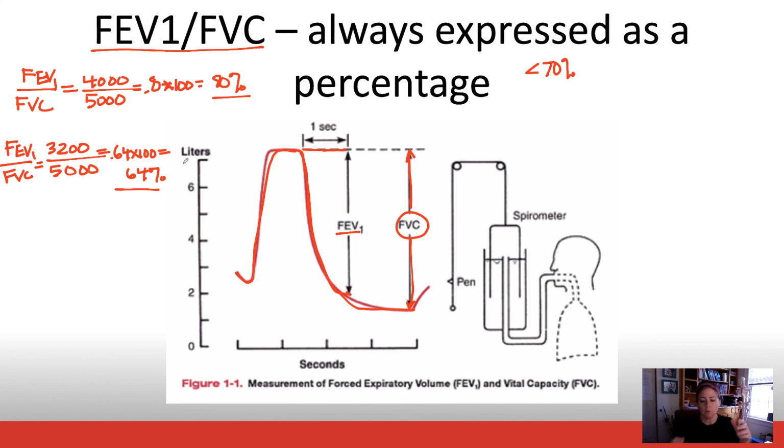This is the way that they're going to assess whether the inhaler that they've chosen for you is effective. So they would calculate your FEV1 over FVC, initially get a number there, and then have you use your inhaler and then recheck to see if it improved. Okay, because what we would want to see is this number go up.